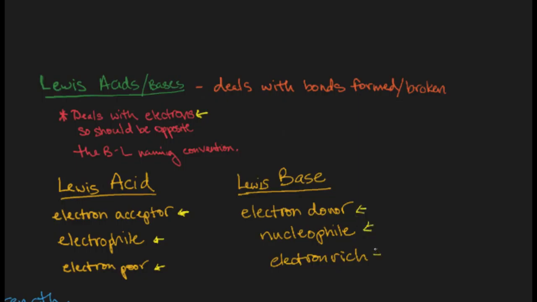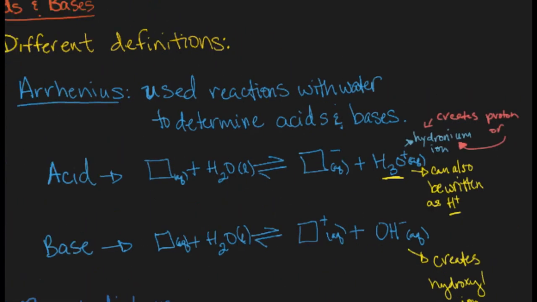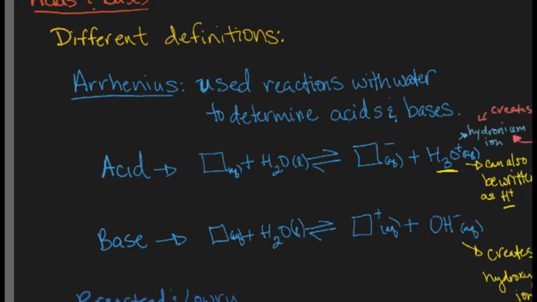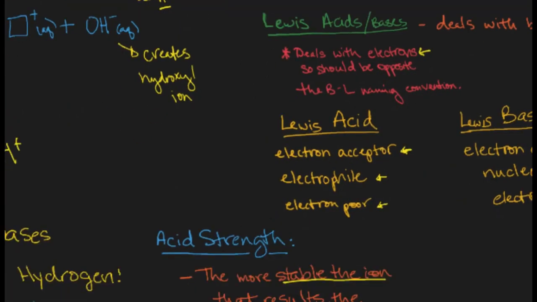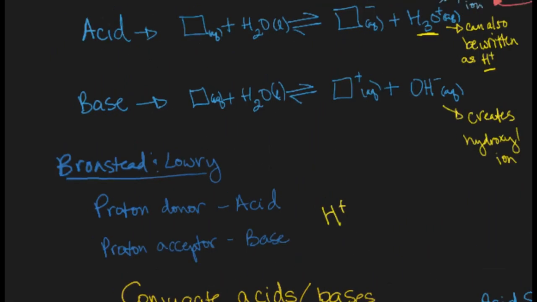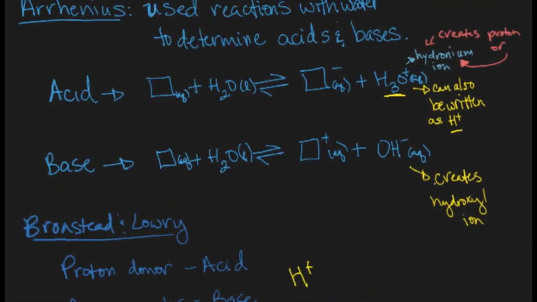So those are the basic concepts behind acids and bases. So make sure you are able to distinguish the definitions. Know that each definition can be applied to the one previous to it. So for instance, this does donate a proton to get that.